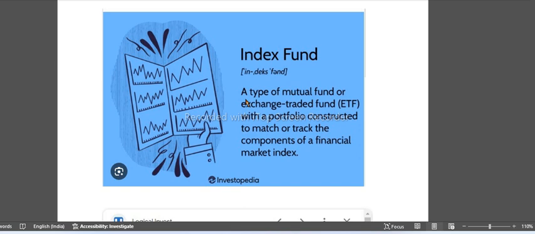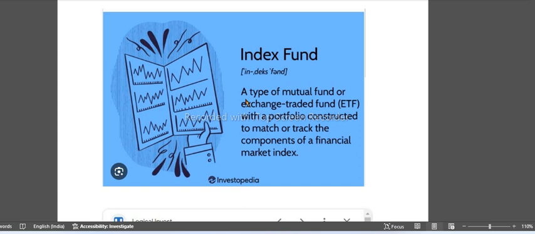There are so many funds available, and that is one kind of mutual fund. Same procedure, but you can trade it in the live market, that is called ETF.